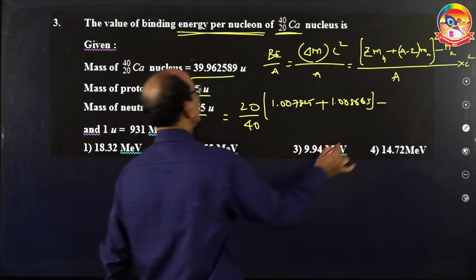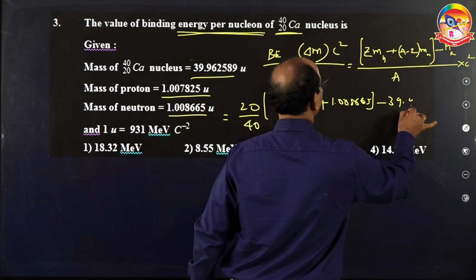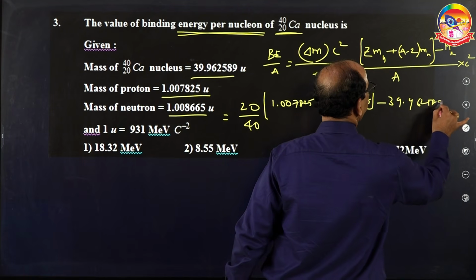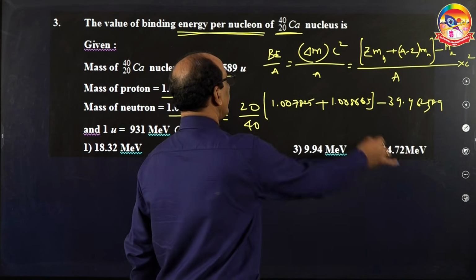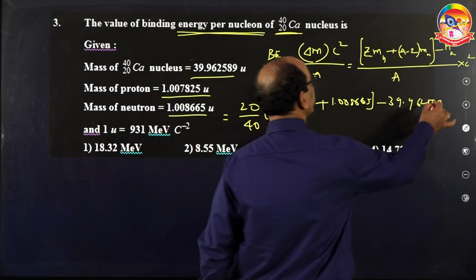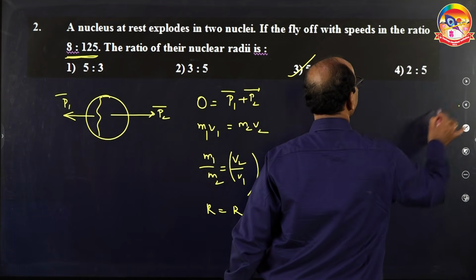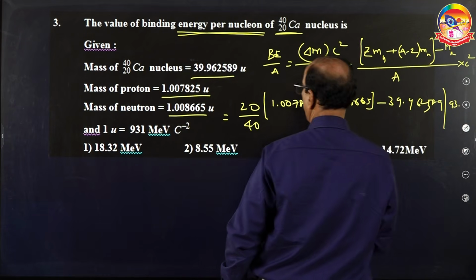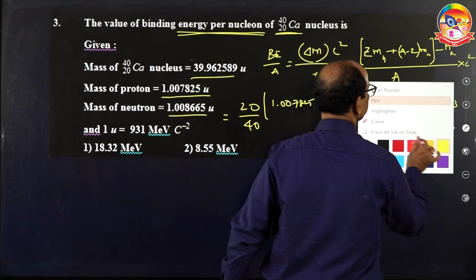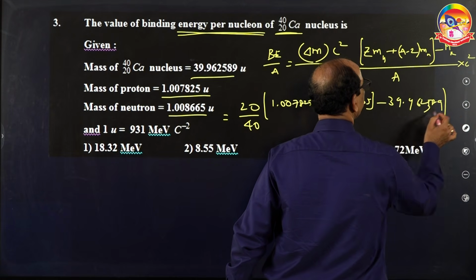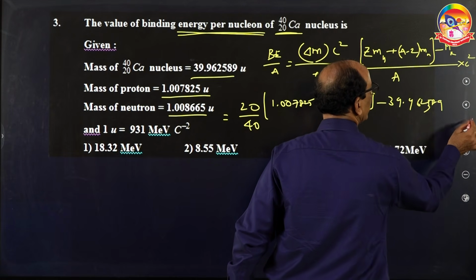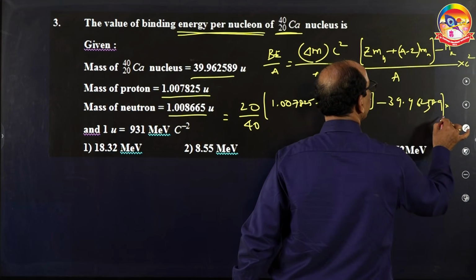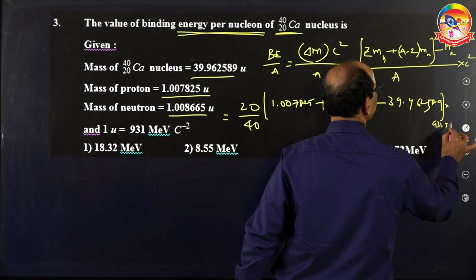All this divided by the mass number 40, minus the real mass of the nucleus, which is given to be 39.962589. So all this you get in AMU, but that is to be multiplied with 931.5 million electron volt.